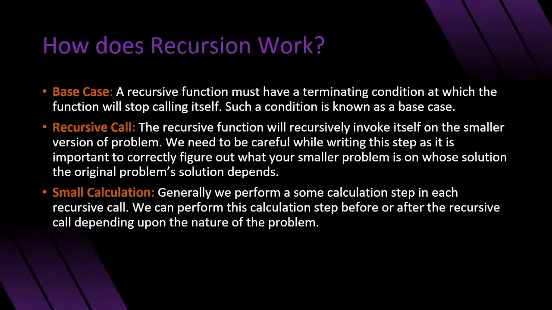Now, it is not necessary that the order always has to be this in a recursive function. The base case always comes first, but the recursive call and the small calculation steps can be interchanged depending upon the requirement of the problem. So this is how recursion basically works.